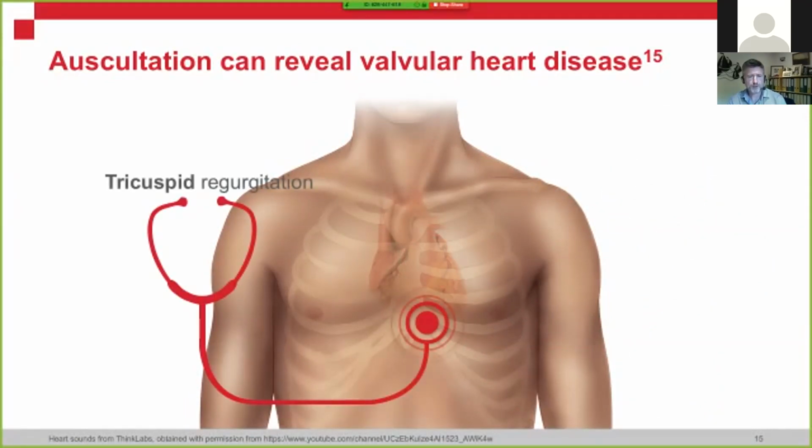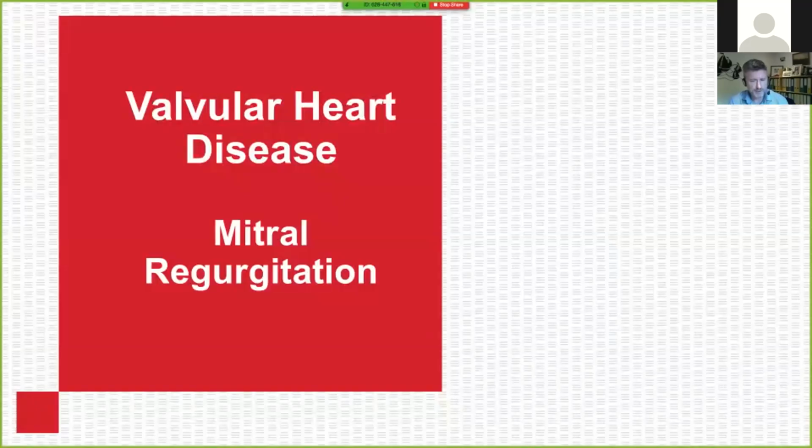And tricuspid regurgitation. So again, that's systolic, best heard at the left parasternal edge at about the 4th or 5th intercostal space. So those are the typical murmurs that we'll be looking for when we're examining our patients.